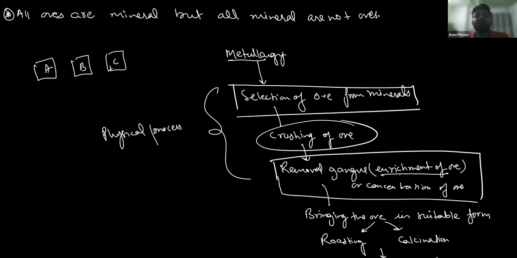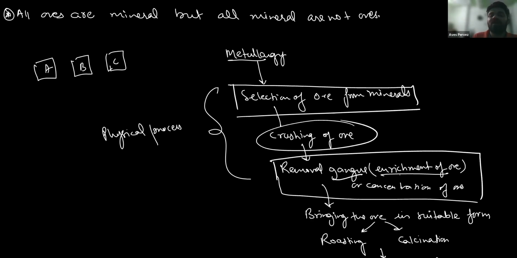That is removal of gangue. What is gangue? Gangue means impurities, the particles that are impure, like soil or silicate. This step is called enrichment of ore, or concentration of ore.